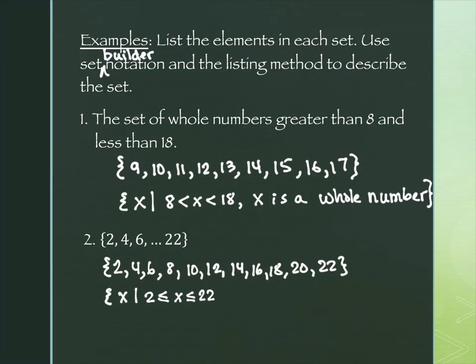Either one would be correct. Okay, so numbers between 2 and 22. What else? We needed to say that it's evens. That's a problem on this one. We don't want to just say whole numbers because that would include the odds as well. So we would need to say that x is even.